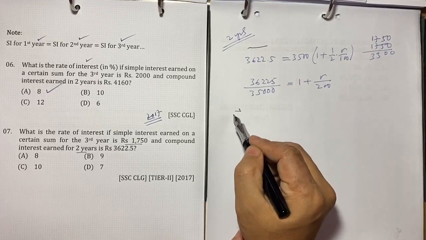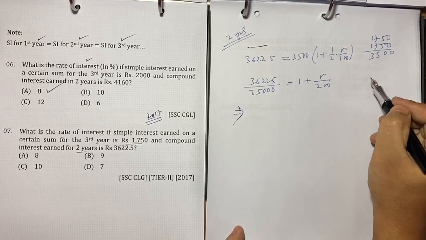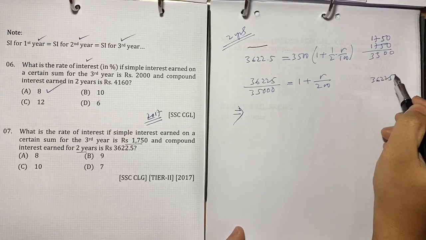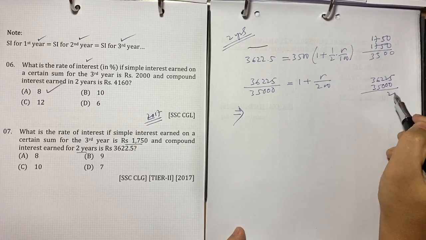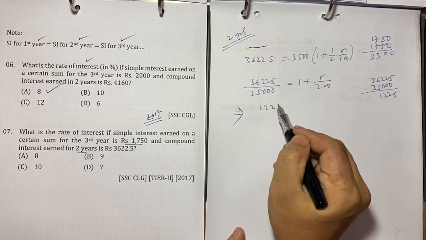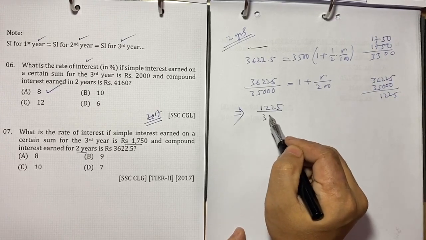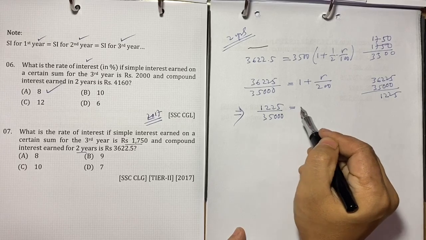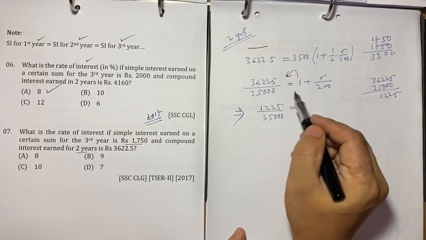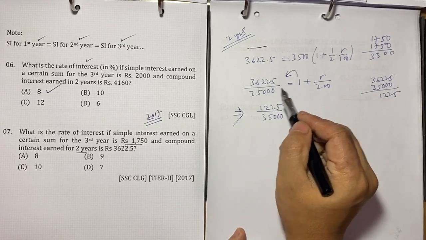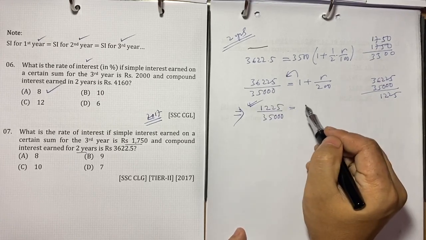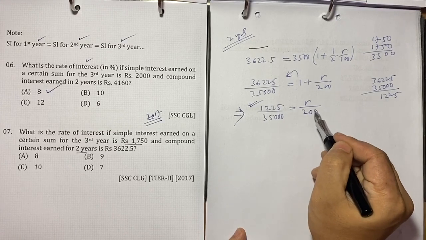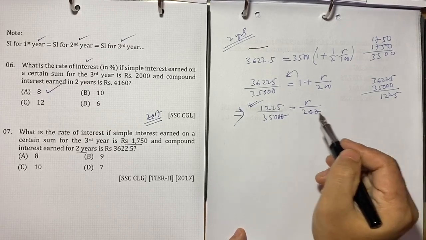Cancel, so 36225 over 35000 simplifies. Minus 1, take the LCM.